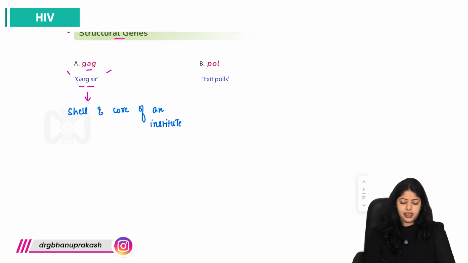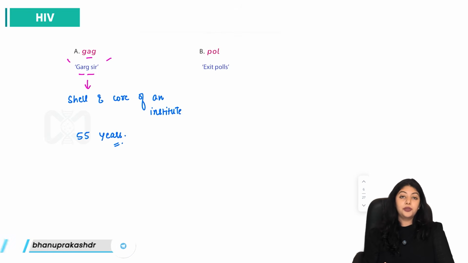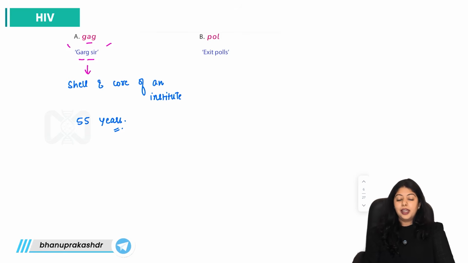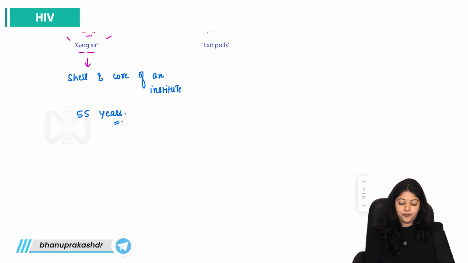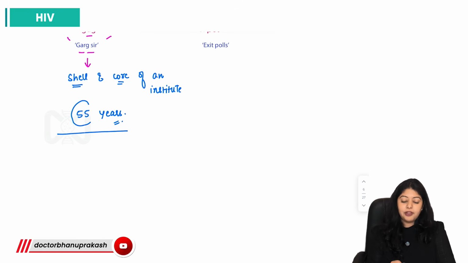And his age is around 55 years. So how are we using this story in our gene? When we said he is the shell and core of an institute, it codes for shell and core proteins, and he is 55 years of age.